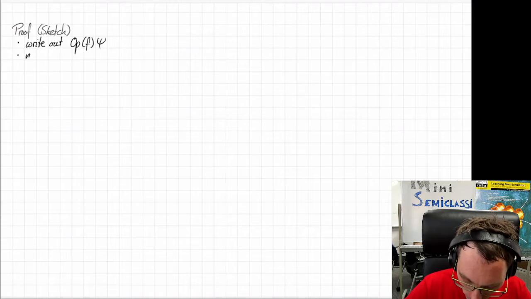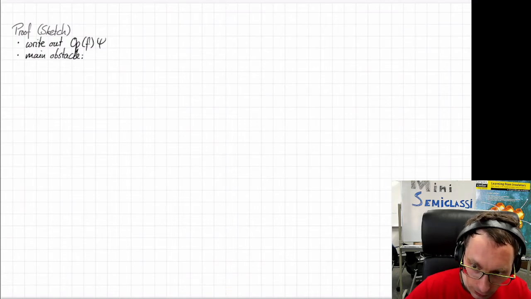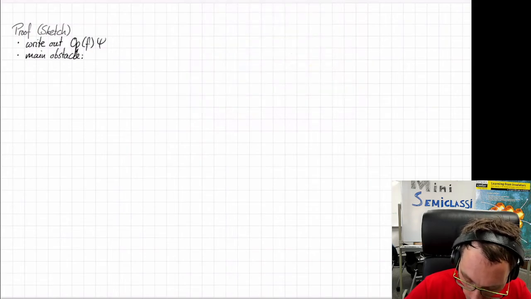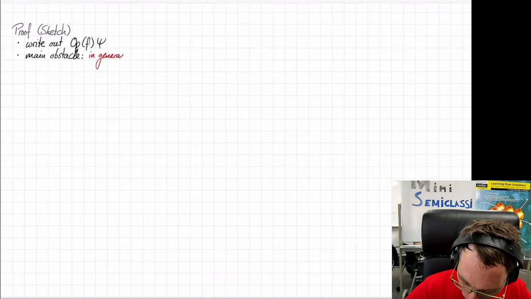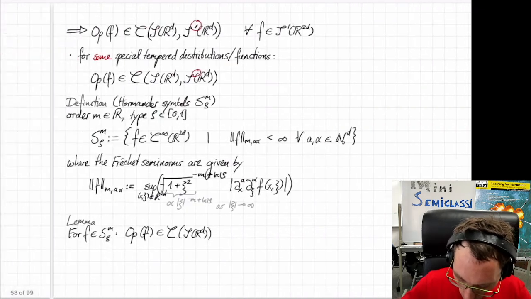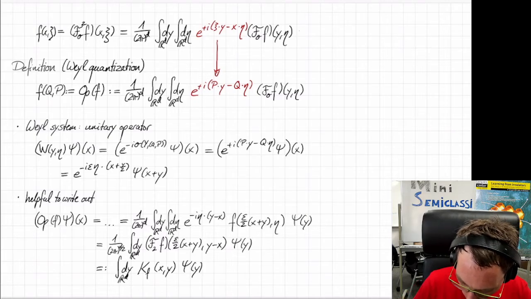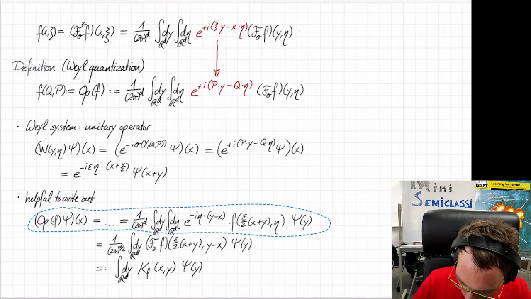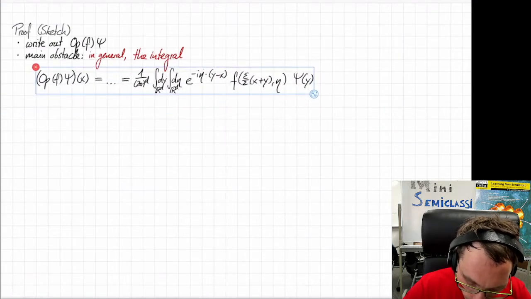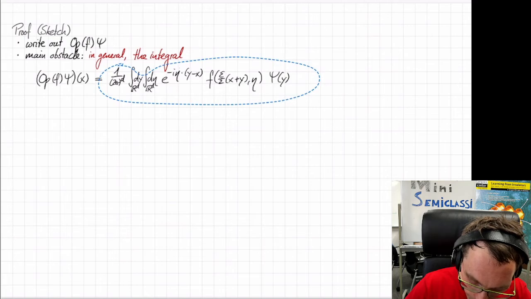And the main obstacle here, at least if we claim that this is true for all m and all rho and delta, is that in general the integral that we're worried about, which as a reminder is, for example, this one here, does not, in fact cannot, exist as an absolutely convergent integral.